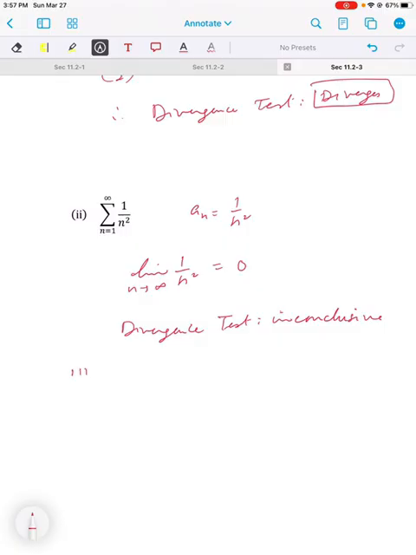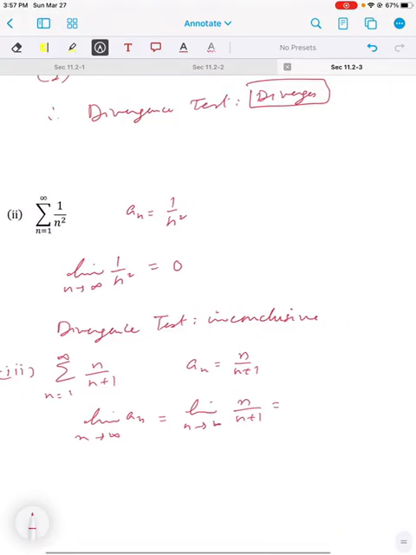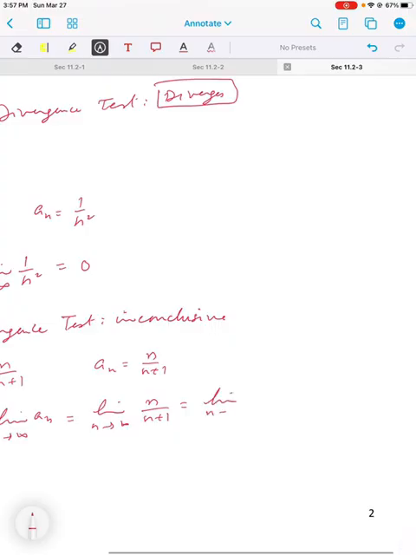Okay, let's look at one more example here. If you have the summation of n over n plus 1, n going from 1 to infinity, then notice that a sub n is n over n plus 1, and the limit of a sub n as n goes to infinity is the limit of n over n plus 1. We know that this limit is going to be 1, because we can write it by dividing top and bottom by n, and this gives us 1 over 1 plus 0, or 1.